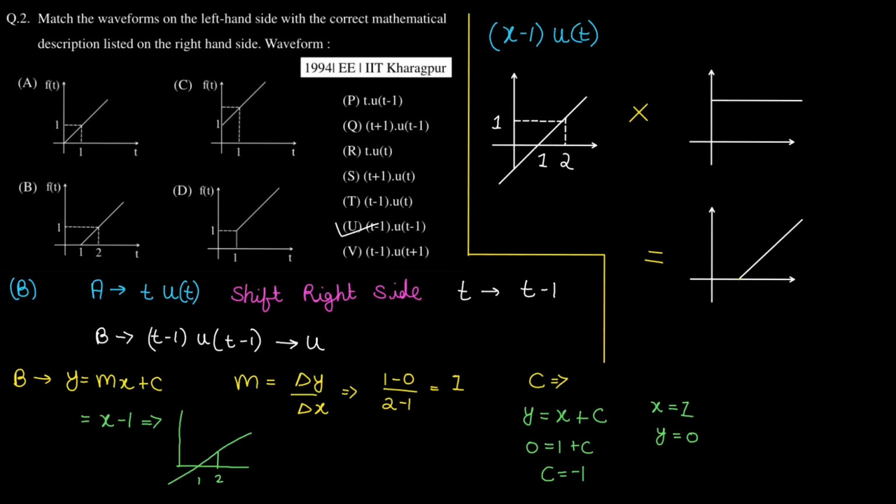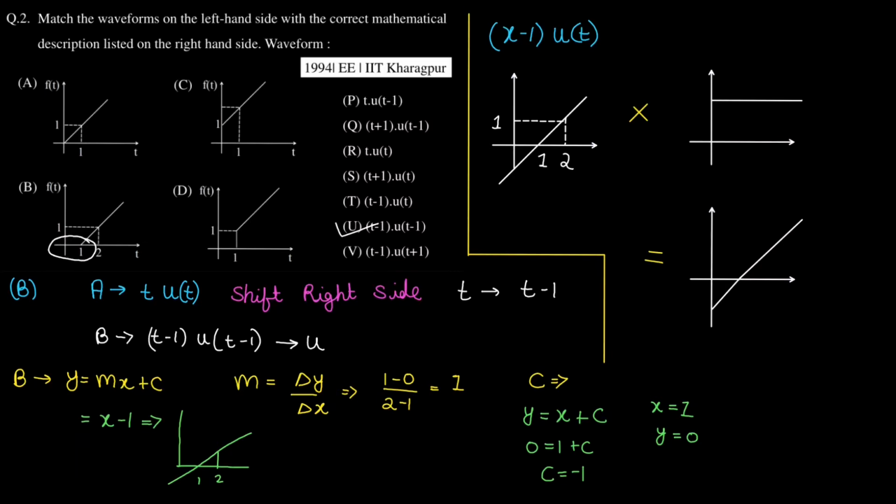But it will also have this part. Why? Because this signal u of t will be multiplied only for the positive term, but here it will also be multiplied for the values from 0 to 1, which was not in the question. Here you can see it is not present.